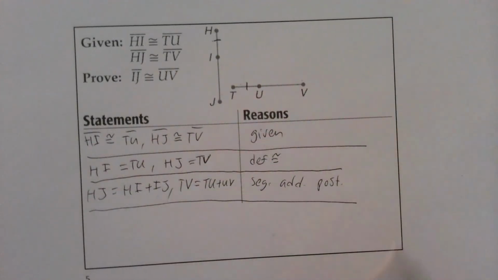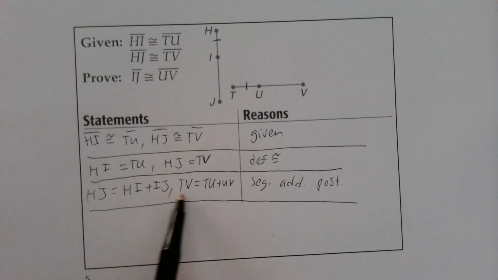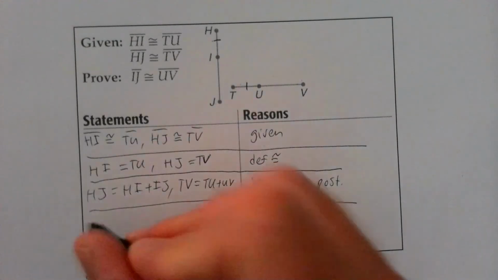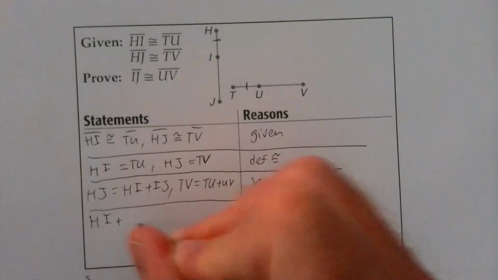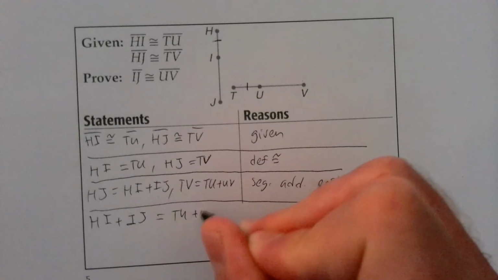Alright, so we know that the left sides of this thing are equal because they told us so, and it's right there actually. So if the left sides are equal, then the right sides have to be. That is that transitive property. HI plus IJ is the same as TU plus UV.